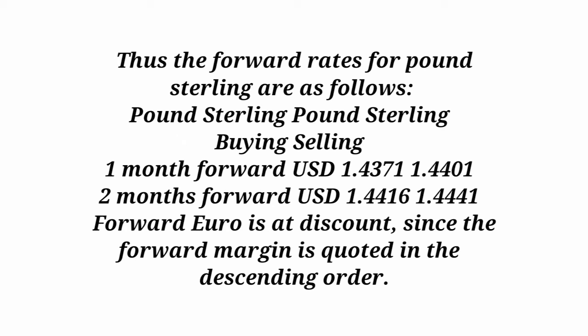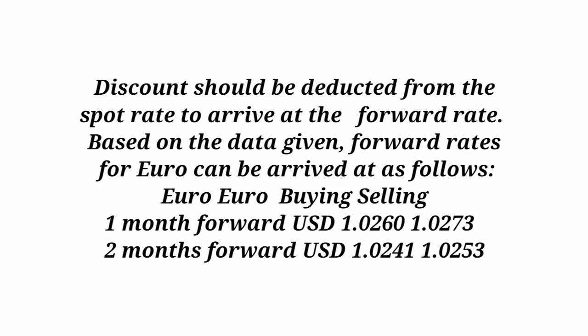Pound sterling, buying, selling. 1 month forward USD 1.4371, 1.4401. 2 months forward USD 1.4416, 1.4441. Forward euro is at discount. Since the forward margin is quoted in the descending order, discount should be deducted from the spot rate to arrive at the forward rate.